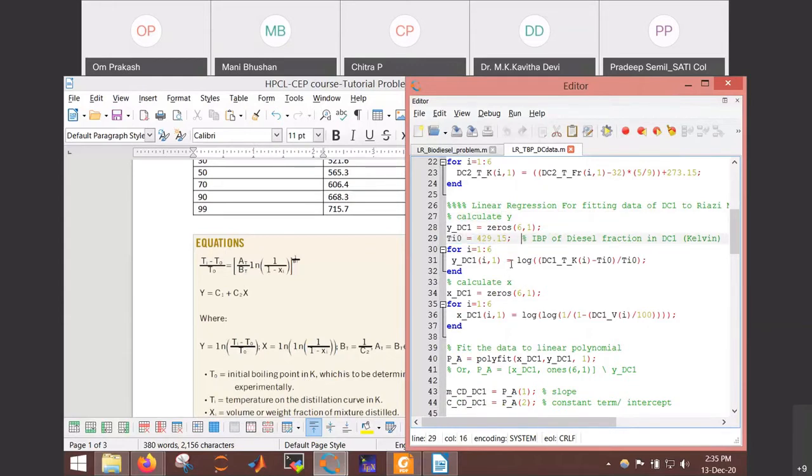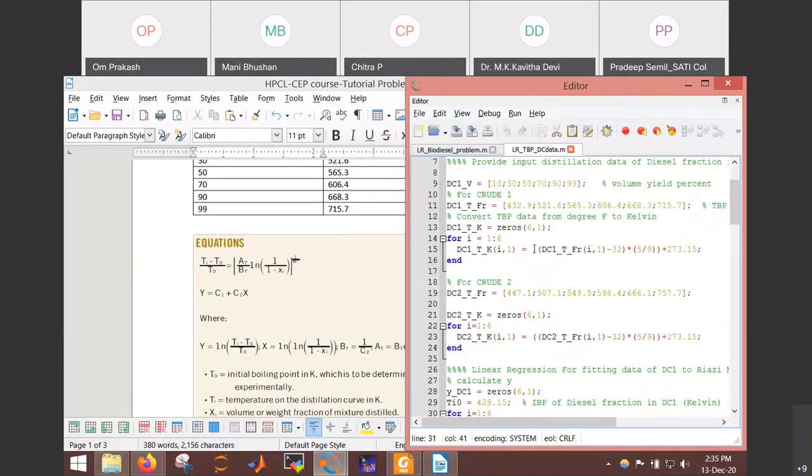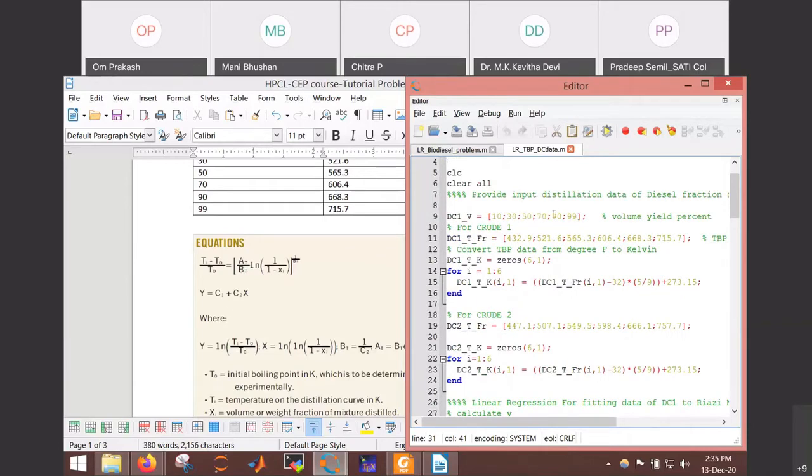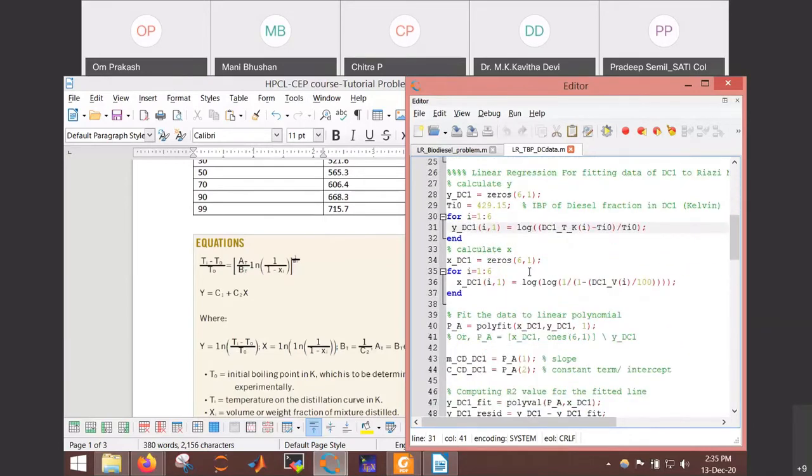Now we can find y, log of Ti minus T naught upon T naught, for all six of them. I have six rows, six points here: 1, 2, 3, 4, 5, 6. So I have my y.